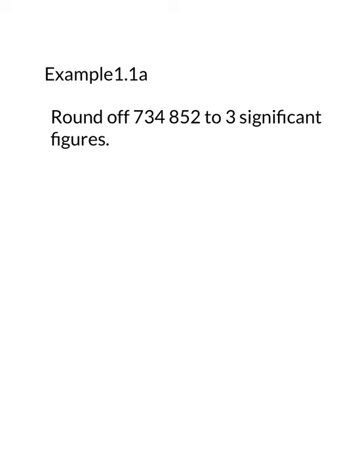Now we go to example 1.1a in your notes. The question says that we need to round off 734,852 to 3 significant figures. How should we do it? Rounding off the number to 3 significant figures means that you need to pick 3 numbers to represent the whole number.